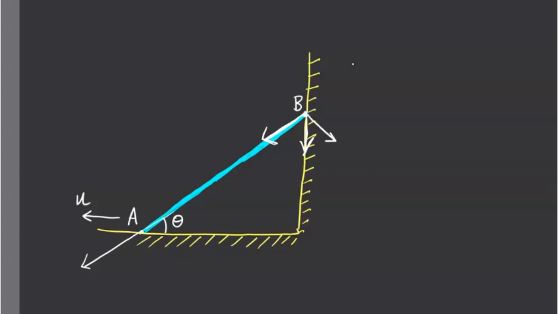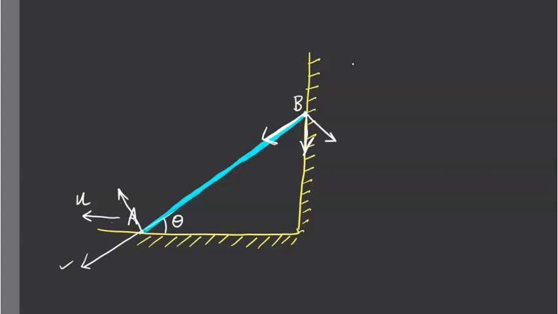Here also there will be another component like this. So this is the original velocity vector u, which is towards the left, and its two components are this one and this one. Now at a certain time it makes angle theta.